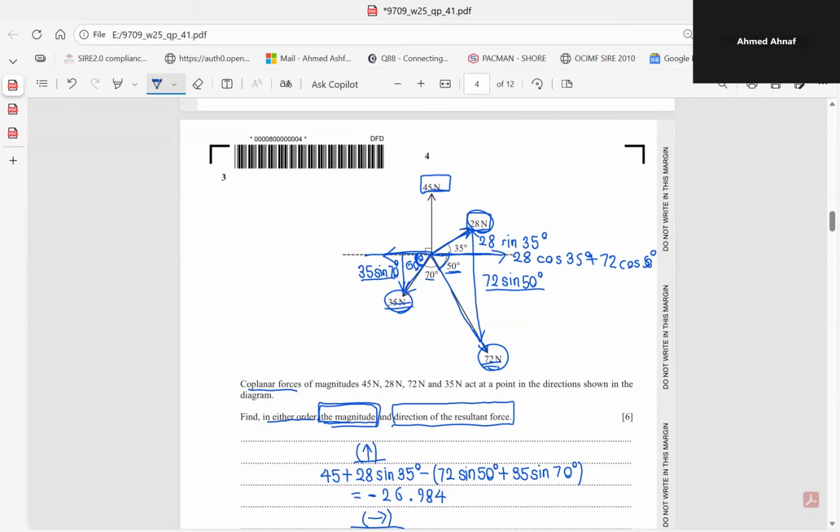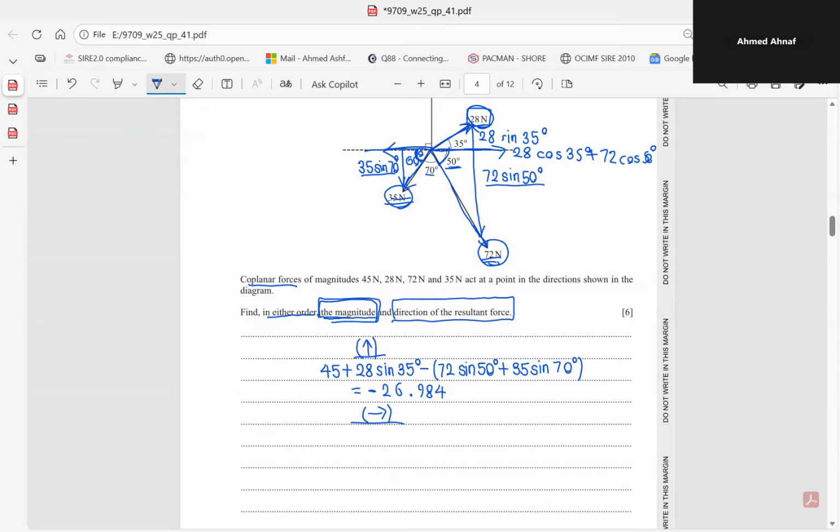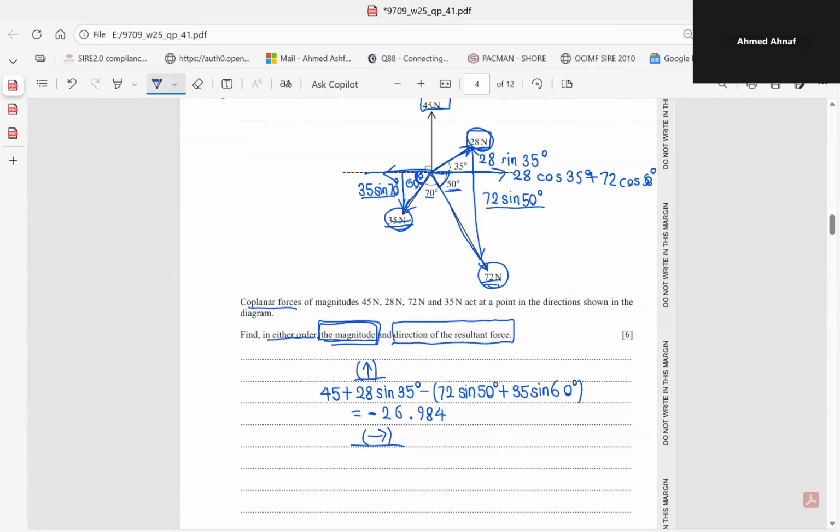So this is actually 60 degrees. So for our vertical force, this is 60. Okay, let me just erase that. Sine 60, 35 sine 60 for the vertical component.